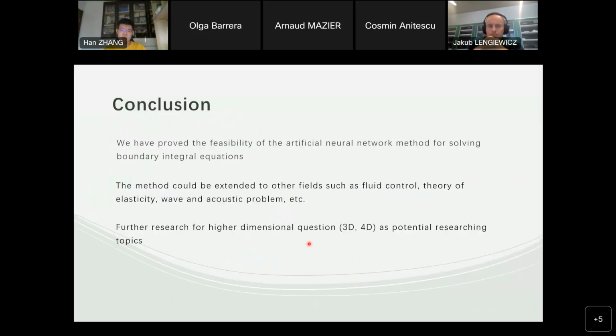In conclusion, we have proved the feasibility of the artificial neural network method for boundary integral equations, and we admit that there are some minor disadvantages.